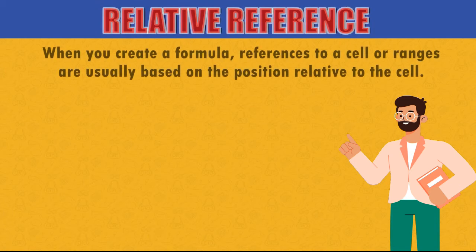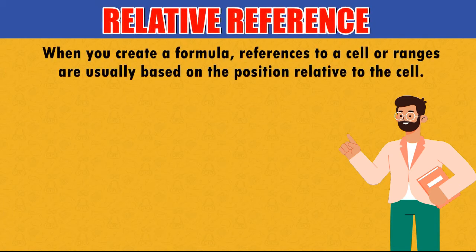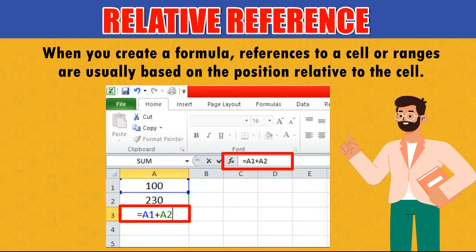Relative reference. When you create a formula, references to a cell or range are usually based on the position relative to the cell. When you copy or move the formula to other cells, the reference to the cell automatically gets changed. For example, the formula in A3 is =A1+A2.